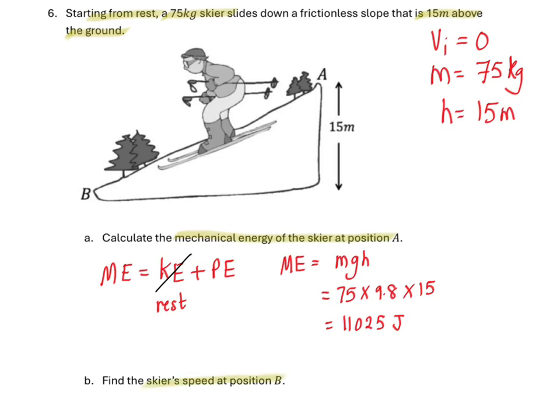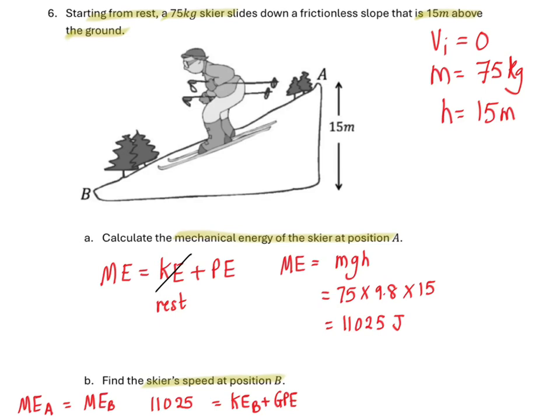Next, it's asking us to find the skier's speed at position B. So we know that conservation of mechanical energy says that mechanical energy remains constant. So mechanical energy at point A will be equal to mechanical energy at point B. We can write 11,025 is equal to mechanical energy at B, which is kinetic energy plus GPE.